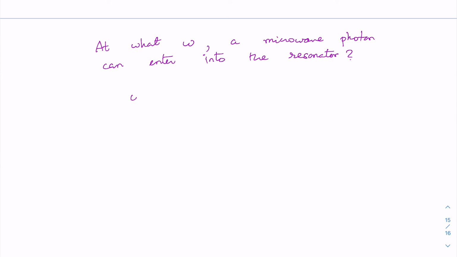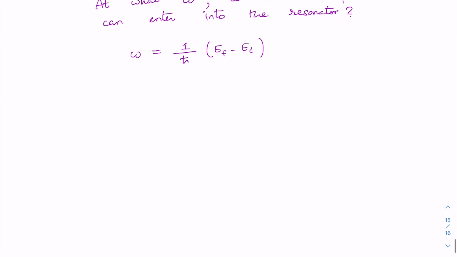Clearly, that can happen only when this frequency matches the atomic transition frequency, which we know from elementary quantum mechanics. So the point is that the initial state of our system is: the atom is prepared in the ground state and there is no photon in the field mode.